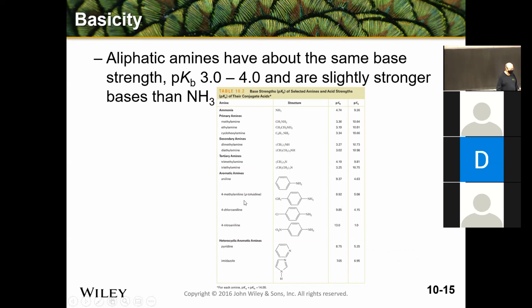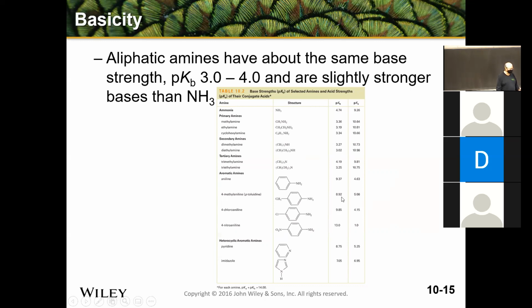In the case of 4-methylaniline, what's happening here is the methyl is pushing electrons into the ring through the sigma bonds, and so that gives nitrogen a better chance of donating to an acid. So there's a slight increase in basicity.